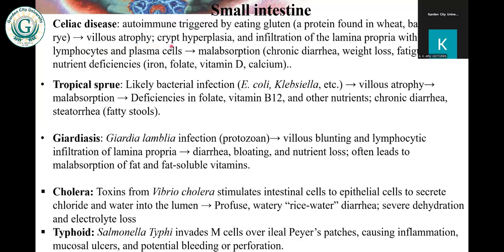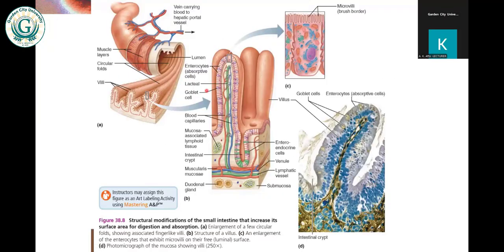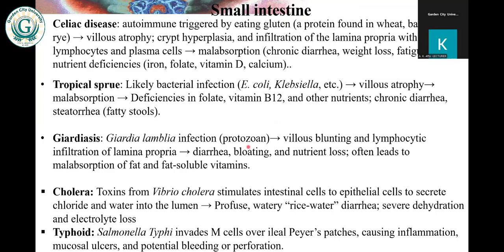Then you have, when they say crypt hyperplasia, the crypts are actually glands. These cells here, they call them intestinal crypts. They tend to increase in number.